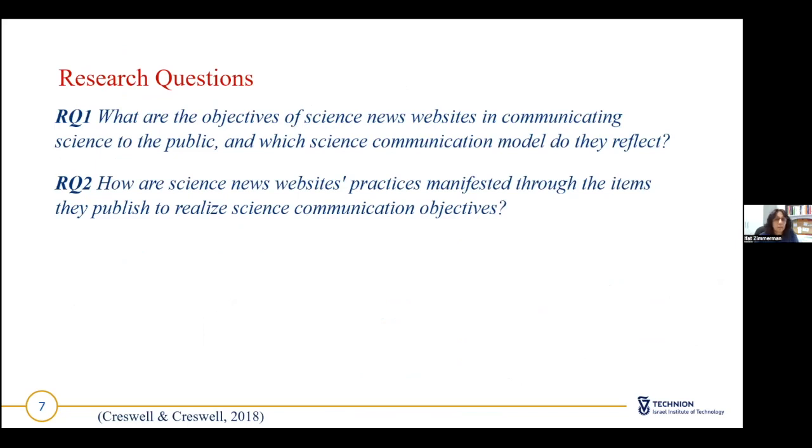Specifically, we ask, what are the objectives of science news websites in communicating science to the public, and which science communication model do they reflect? And how are science news websites practices manifested through the items they publish to realize science communication objectives.